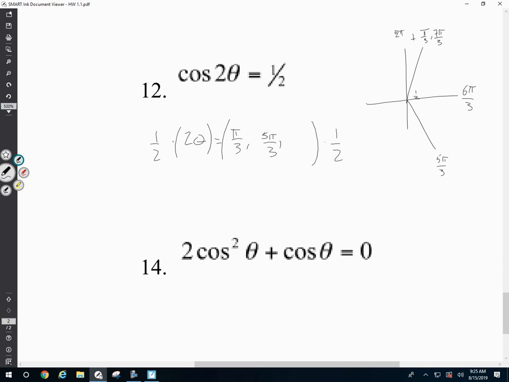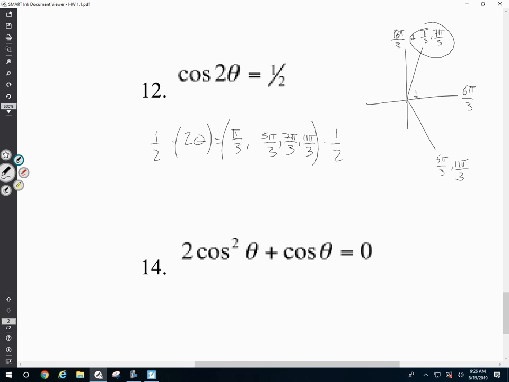Adding 2 pi is the same as adding 6 pi over 3 to create a common denominator. So you add 6 pi over 3 to pi over 3, you get 7 pi over 3. That's how I get there. I can add 6 pi over 3 to 5 pi over 3, and I get 11 pi over 3. So that's another angle. If I went around the circle and then back to this location, it's also 11 pi over 3. I'm going to include those as well.